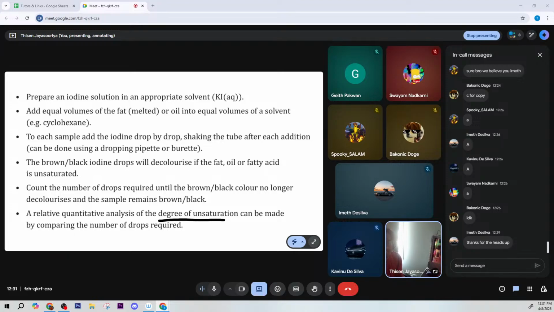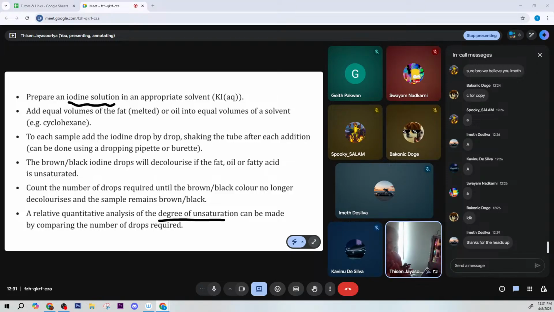We use an iodine solution to do this. You don't need to know too much about the iodine solution. You just need to know that iodine is what is used to help determine this degree of saturation. We drop the iodine in. Essentially, the more iodine a compound absorbs, the more unsaturated it is.